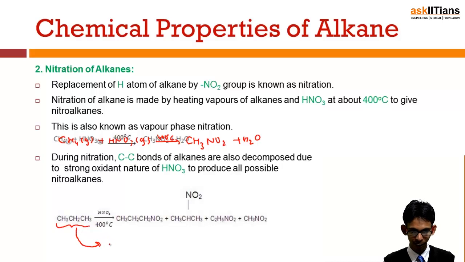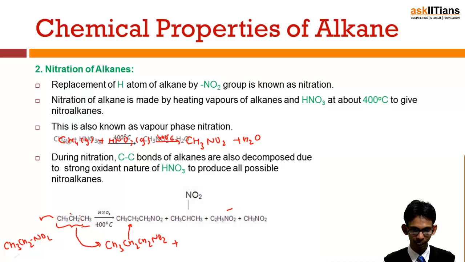First, nitration will take place at the end to form CH3CH2CH2NO2, which is this product. Another possibility is that this bond breaks and results in the formation of CH3CH2NO2, which is this product.